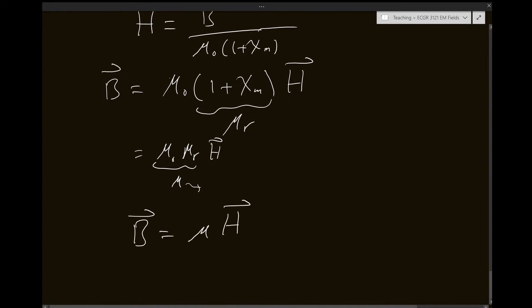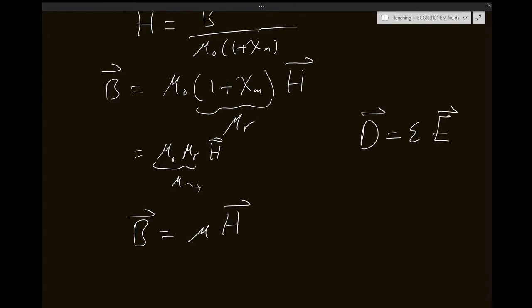So we end up with this formula, similar to the electrostatic case where we ended up with D. This is a lumped representation, a lumped incorporation of the effect of magnetization.